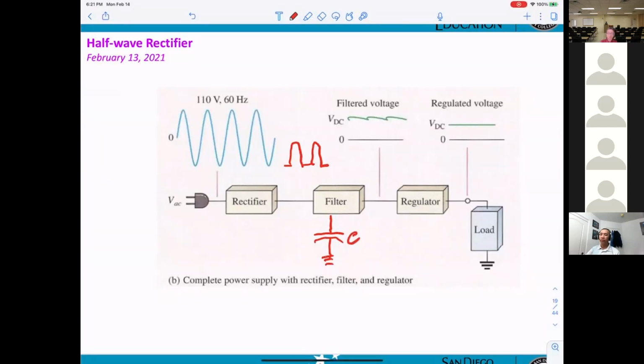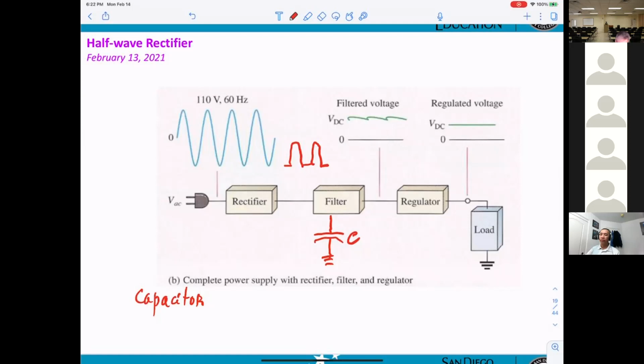By the way, we're talking about the capacitor. Basically, the capacitor will be charging, keeping the voltage. They can charge up to a maximum voltage.